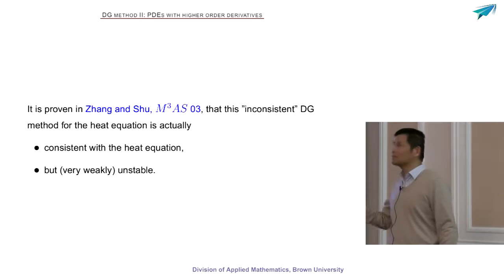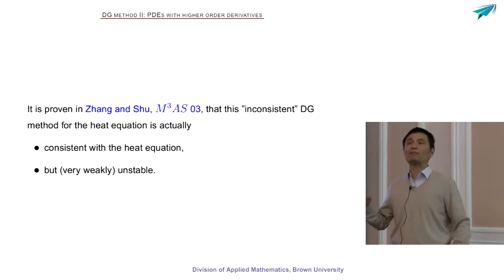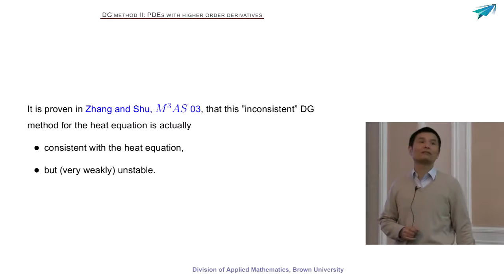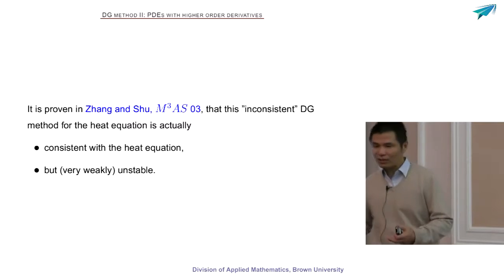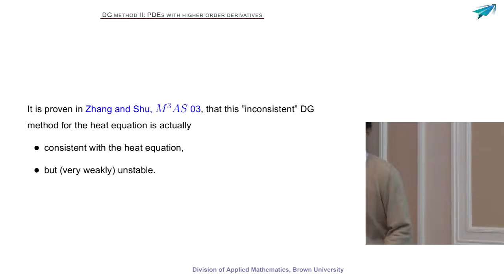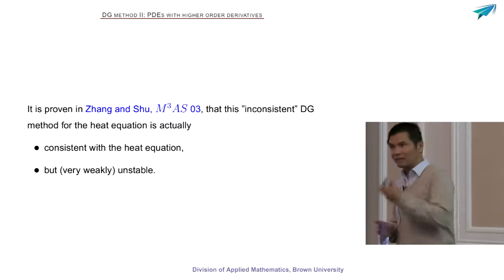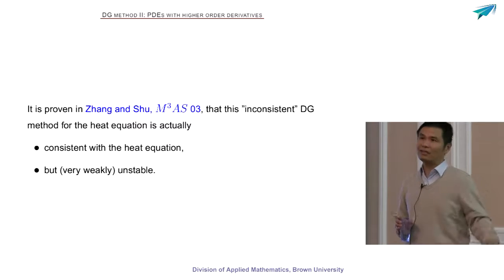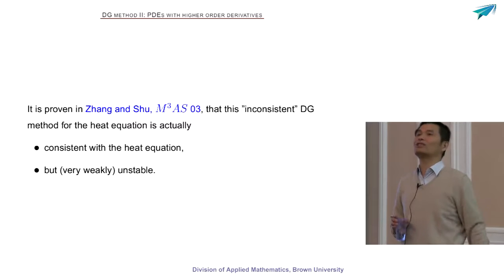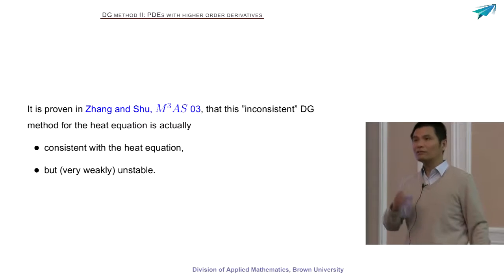However, mathematically, this is the reason that the method performs as it performs. So it's a very good textbook example to show the power of numerical analysis, that you really have to check both consistency and stability before you are assured that the method is useful.